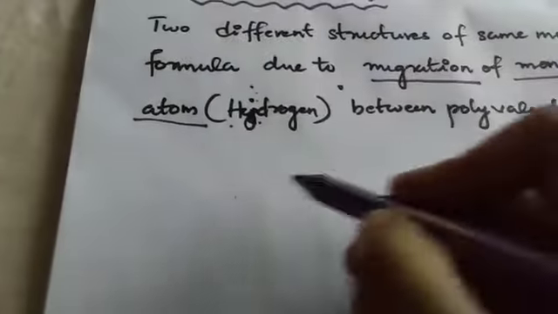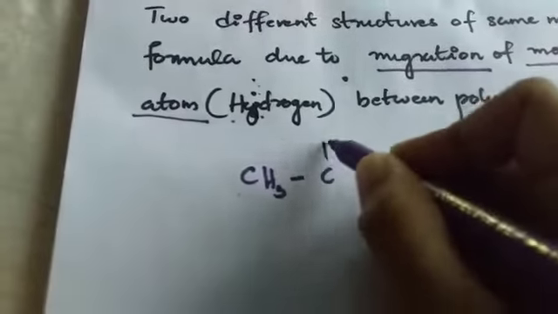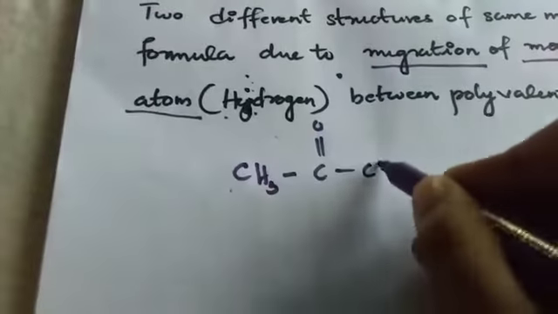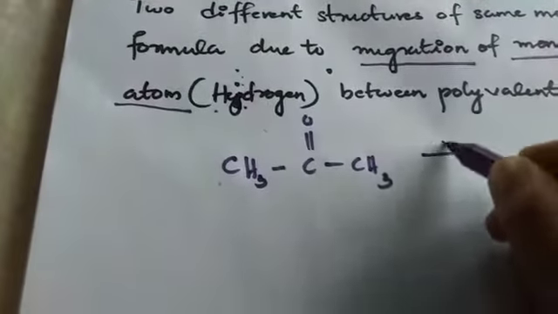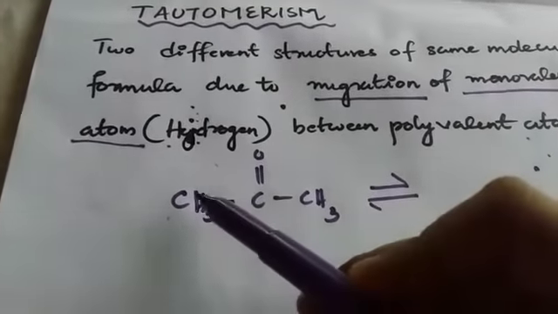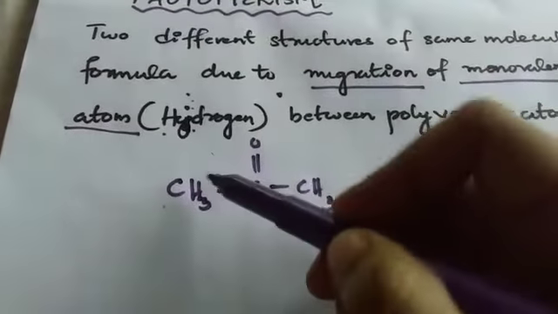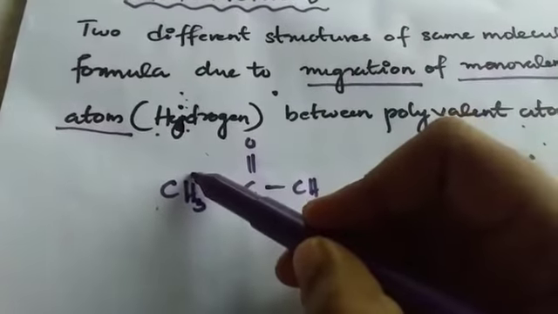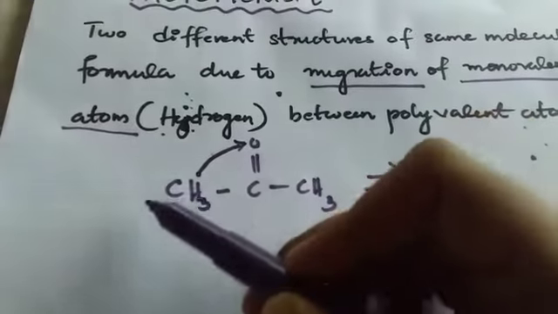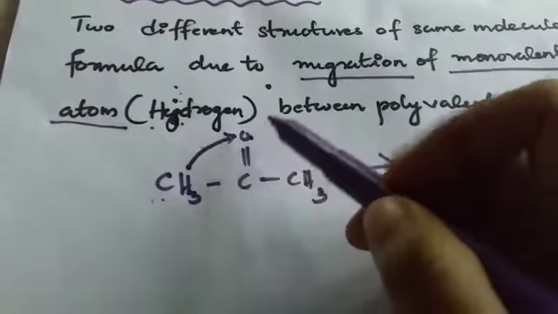That is, when we take CH3, C double bond O, CH3, look here: the monovalent atom hydrogen migrates from this polyvalent atom to the polyvalent atom oxygen.